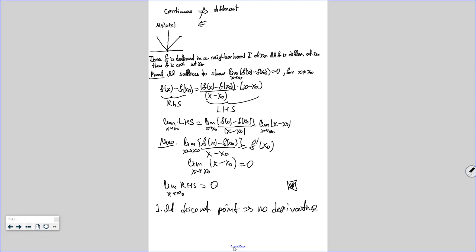On the other hand, if we have been able to determine that a function is differentiable at a point, then we know that the function should be continuous there. So if we have differentiable, then we know that it is continuous.